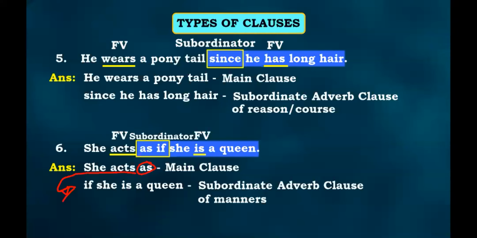Next one. एक होता है condition. I'm very sure you guys know what a condition is because that is how your parents talk to you. If you pass this examination, I will give you a mobile phone. अगर तू pass हुआ तो. So this is a condition over here, correct? Okay. Next one is concession or contrast.